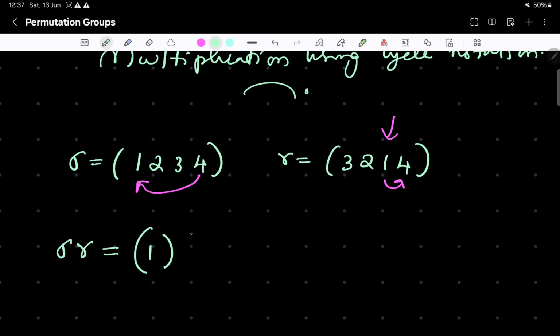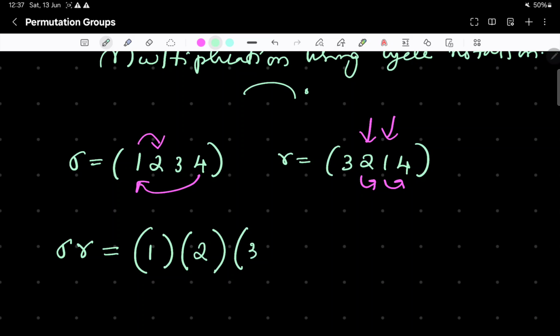We cannot do anything more, so start fresh with 2. Now 2 goes to 1. Now where does 1 go? 1 goes to 2. Again you have to close it, because we can't do anything more.